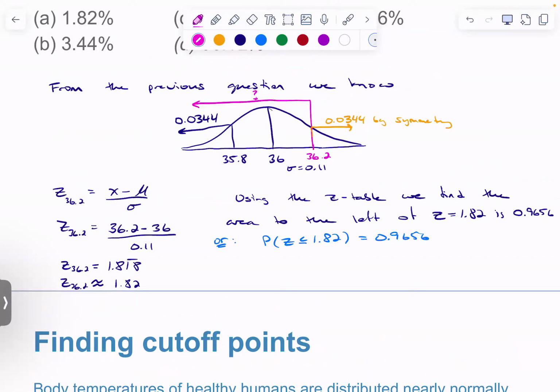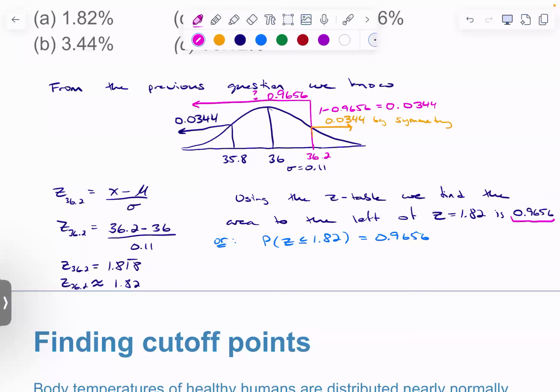So that means that this area, we can replace it with 0.9656. If we do 1 minus 0.9656, I really hope, phew, we get 0.0344.